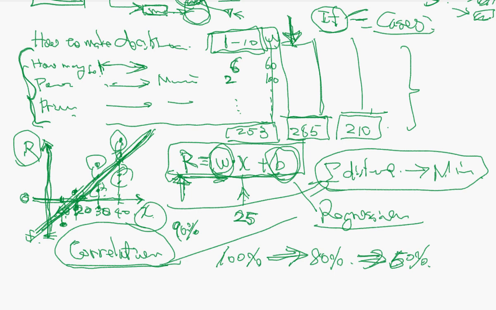So this correlation is very important. And sometimes some parameters are negatively correlated. It goes the other way around. Now, that's a regression, and this is a pretty good statistical prediction method.